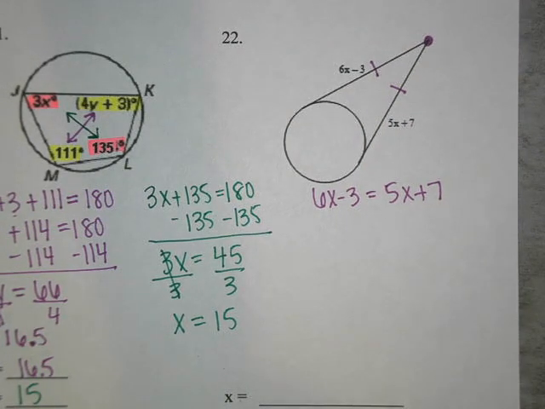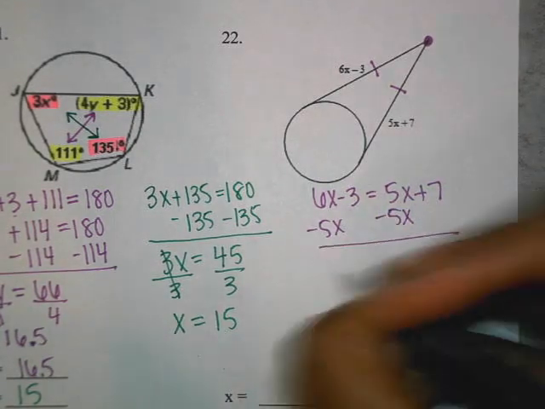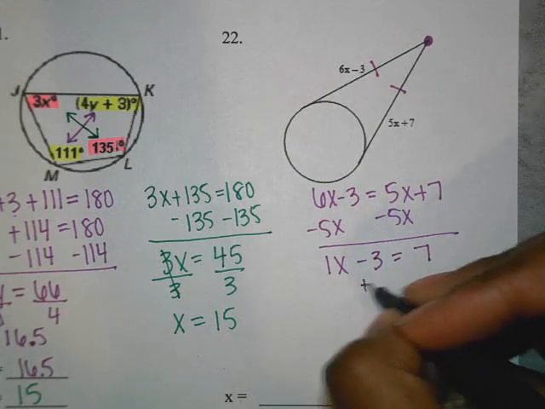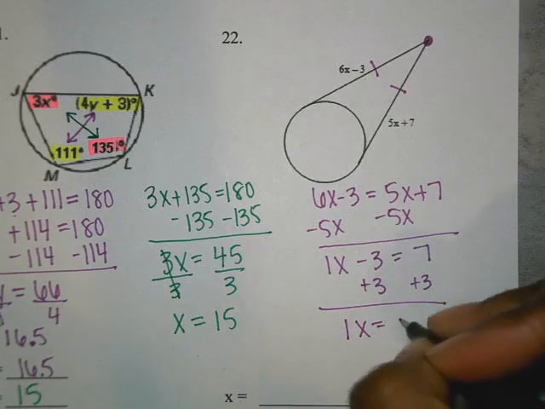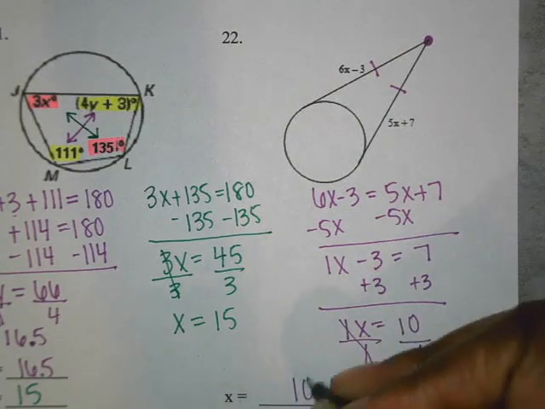And if I want to solve for x, I'm going to subtract 5x. So I have 1x minus 3 is equal to 7. Add 3, so 1x is equal to 10. So x is equal to 10.